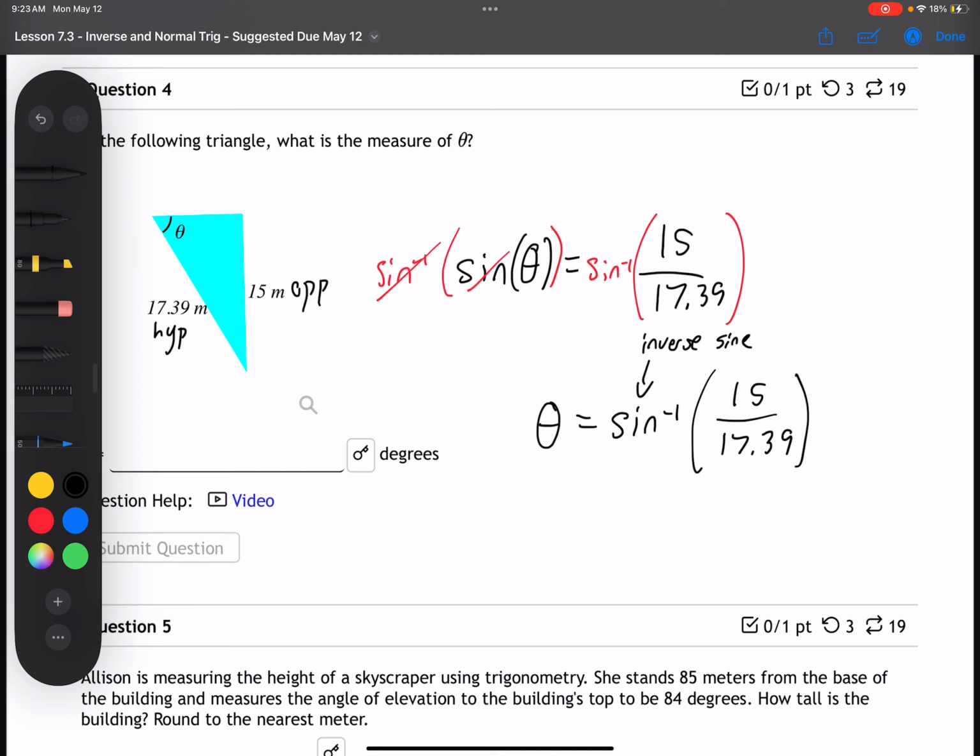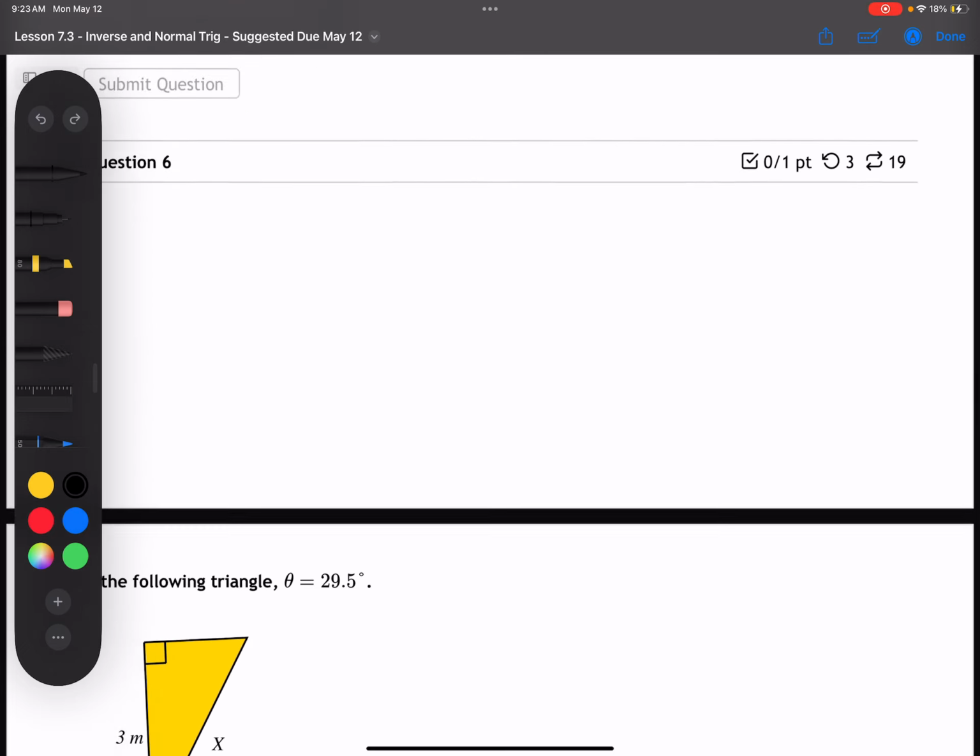Divide it by 17.39, and you put this entire expression into the calculator. Or what you can do is do this divided by this and then take its inverse sine. And in this case, we get 59.6 degrees. And that tells us the answer. That's how many degrees this angle is. It's like magic.